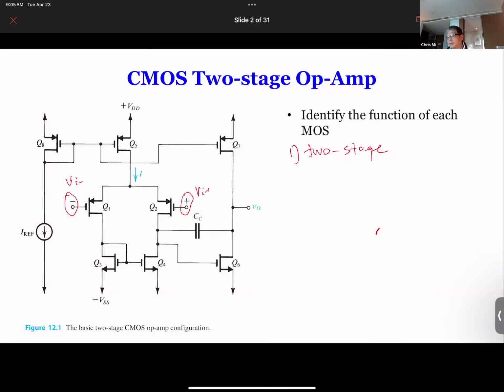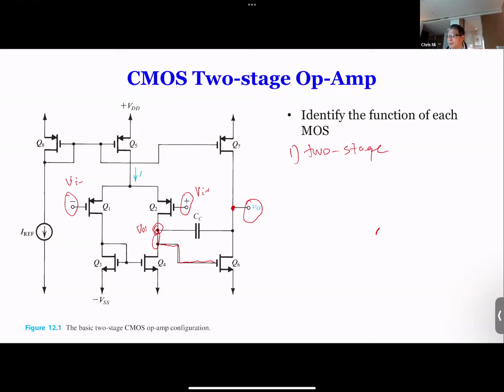The output of your first stage is at the drain here. That's your VO1, and that output is connected to the second stage, which is here. This one, Q6, is your second stage. And as you can see here, you get the output VO at the drain of Q6.